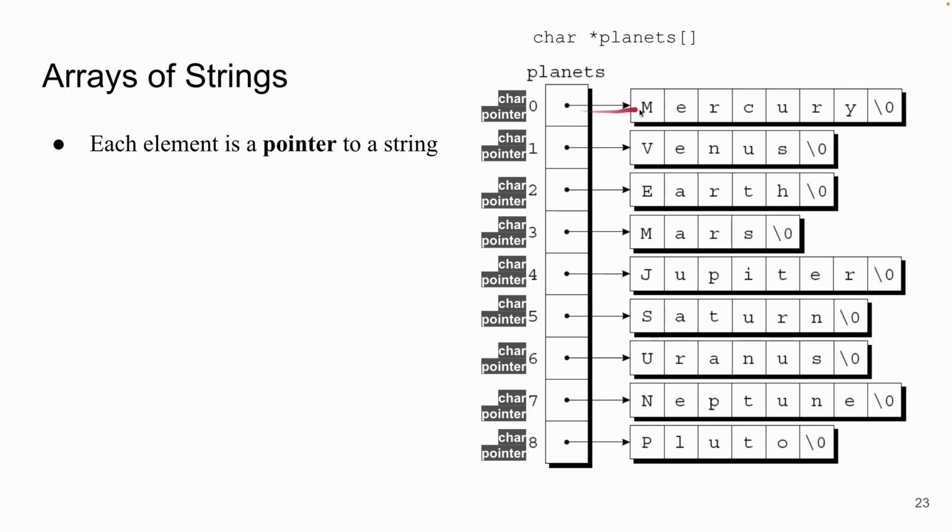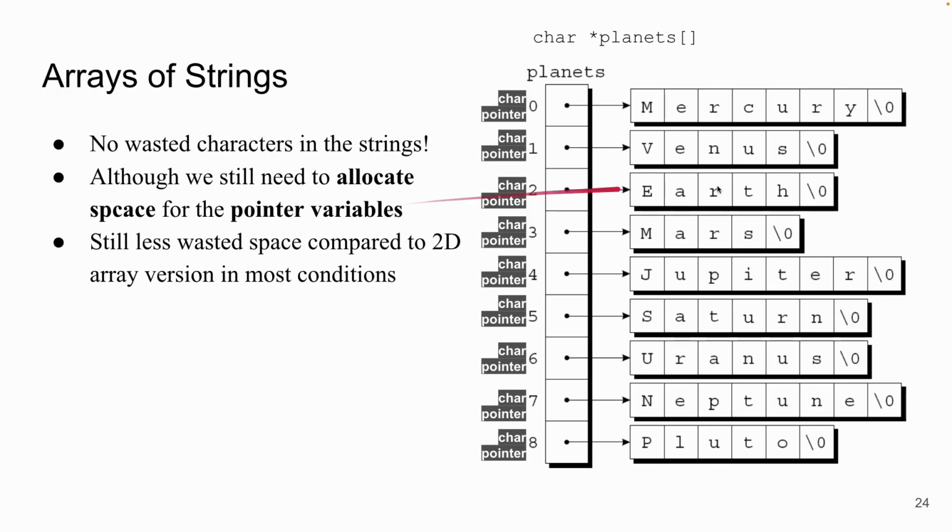So you can see each char pointer points to a different string, to a different name of a planet. And if we use this version, there's no wasted character in the string because we can point to strings with different lengths.